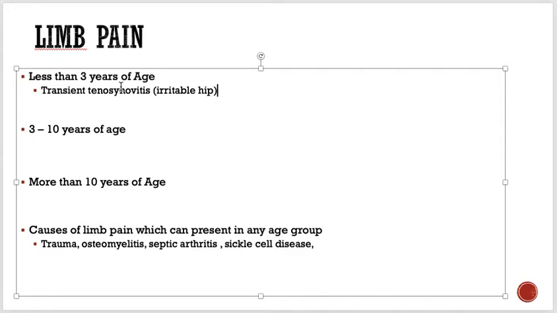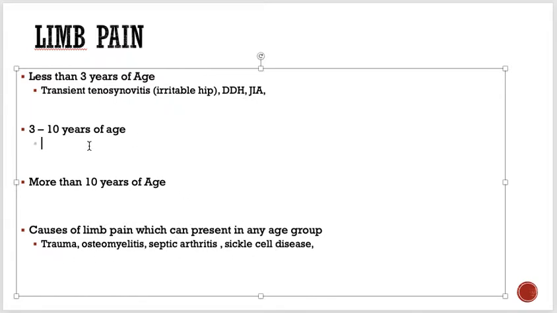Then there is something called developmental dysplasia of hip joint. Now, this one typically doesn't give limb pain, but it is a diagnosis which is done most of the time nowadays right after birth. I'm going to talk about that as well. Then there is a cause called juvenile idiopathic arthritis, which is present in this age group. The rest are all the common causes.